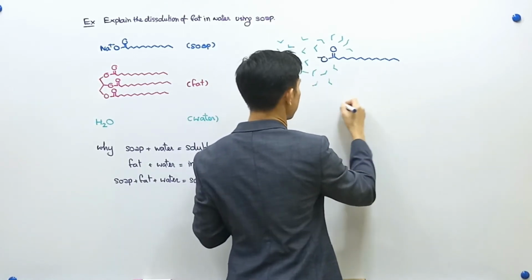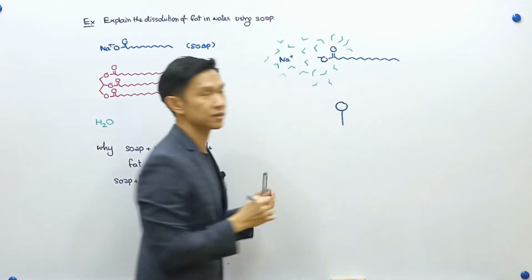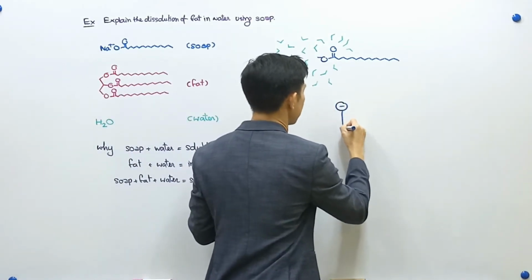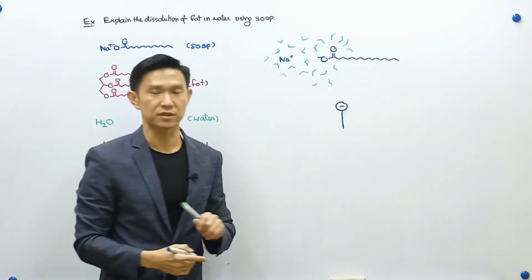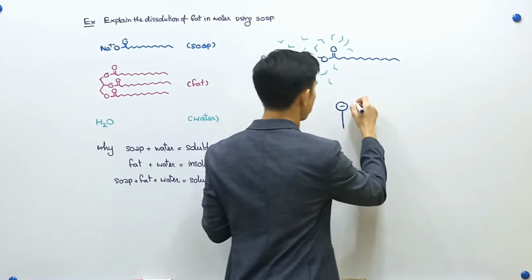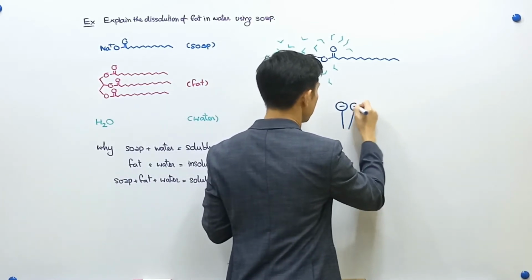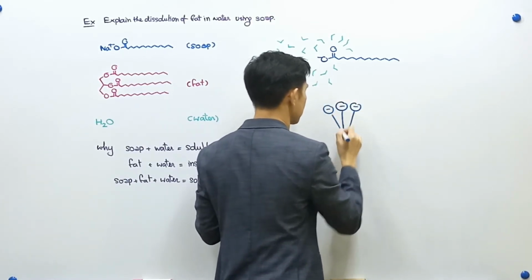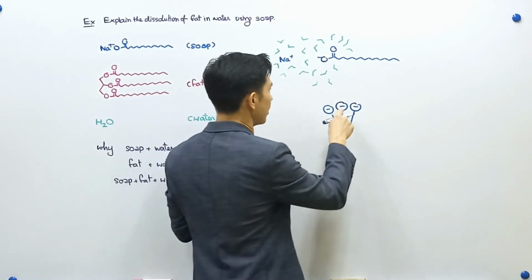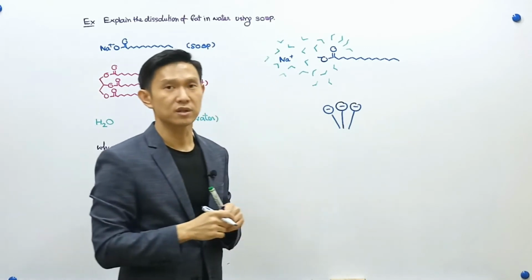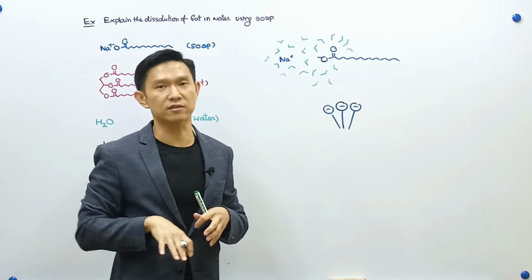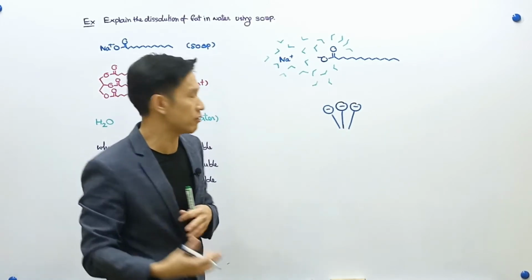Instead of this kind of thing, I depict it like this. We have the negative charge of the carboxylate, with a long chain hydrocarbon like this. If we have many molecules of soap, the long chains tend to stay together by hydrophobic interaction. Anyway, you have negative charge, and negative charges tend to repel each other electrostatically by Coulombic force.